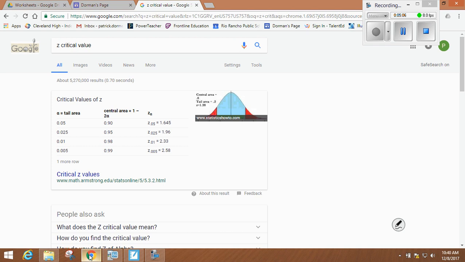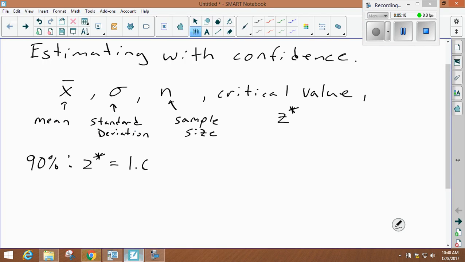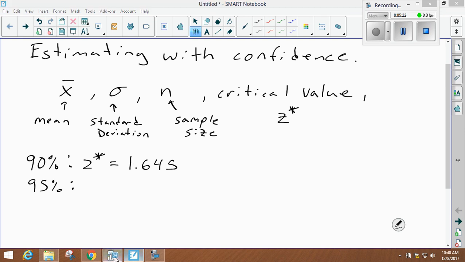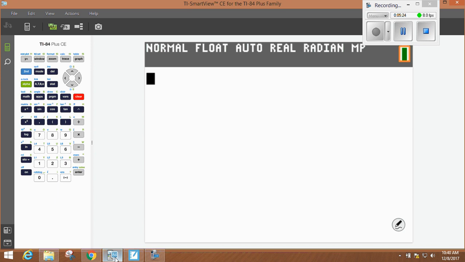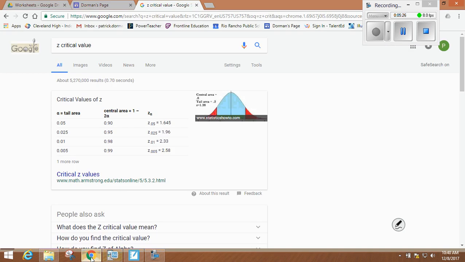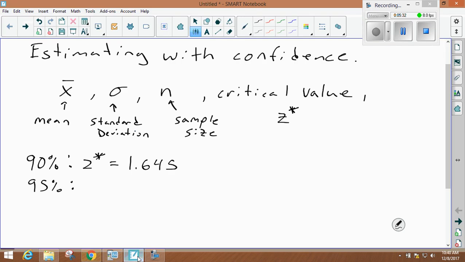So at 90%, we would use 1.645. All right. And these are the most common confidence levels. We would do 90% confidence intervals, 95%, we would use a z value of 1.96. That's the most popular one.